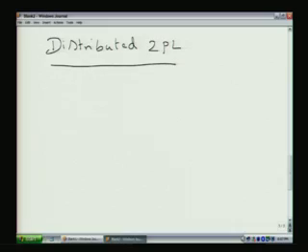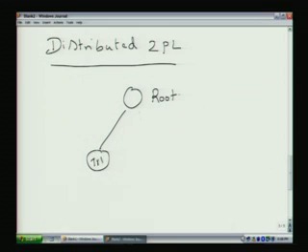Now, in the case of distributed 2PL, how we are going to execute the transaction is, you basically have a coordinator which we have shown earlier. This is basically the root transaction, and the root transaction has actually spawned the sub transactions, which actually means that you have a TR1 here and there is a TR2 here.